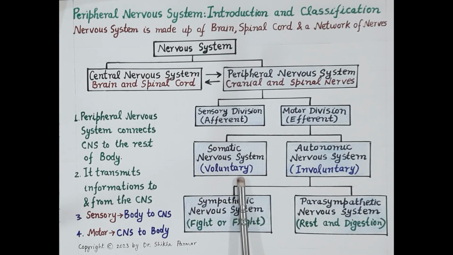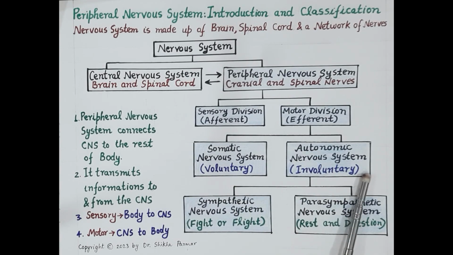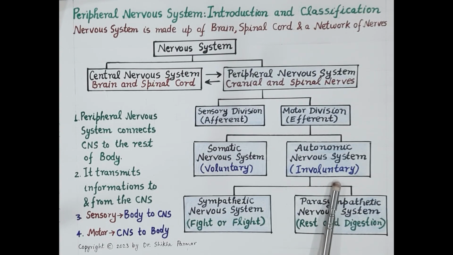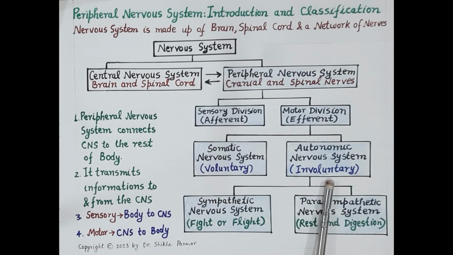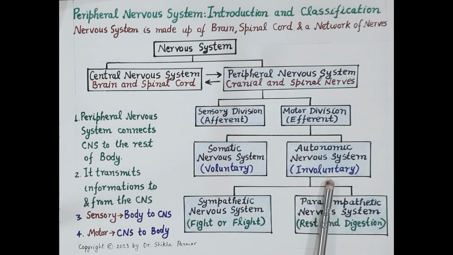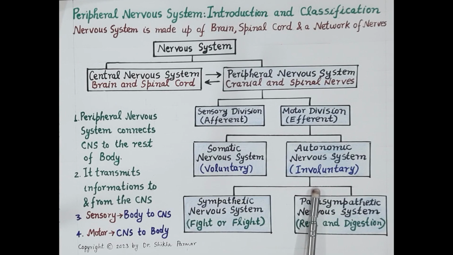So it controls the functioning of skeletal muscles, while autonomic nervous system controls all the involuntary functions of the body. That means it is the autonomic nervous system that controls the functioning of smooth muscles, cardiac muscles and the glands. So very important, this autonomic nervous system controls all the involuntary functions of the body.